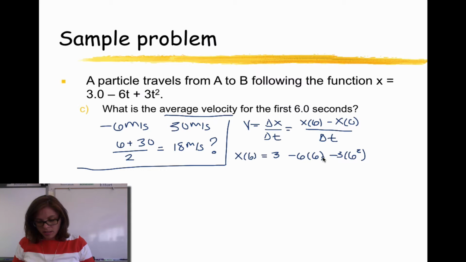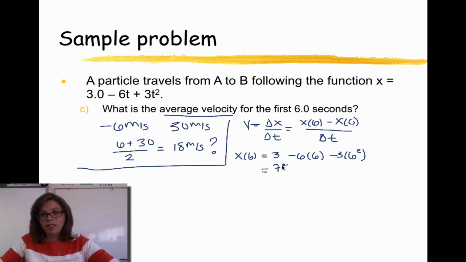3 minus 6. So this is equal to 75. And the position at 0 is 3 minus 0 minus 0, which equals 3.